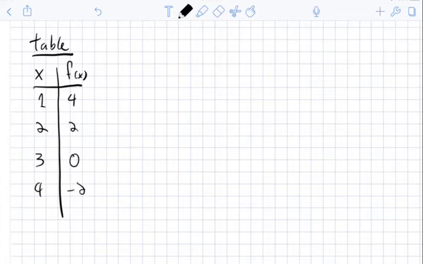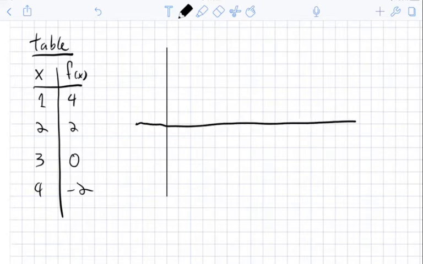That's a function. And we also talked about it in terms of graphs, where the horizontal line is x and the vertical line represents the output value.